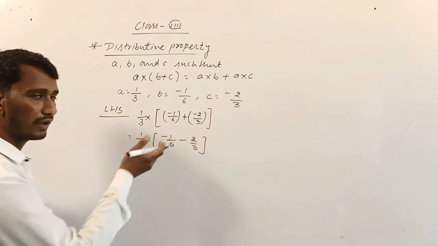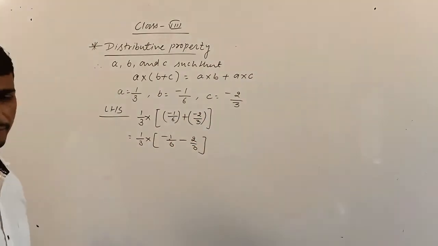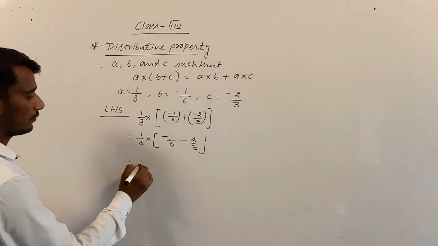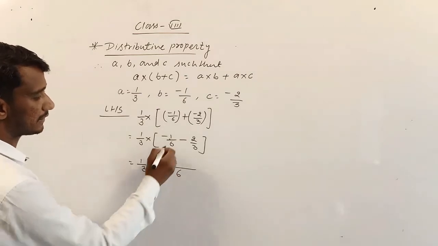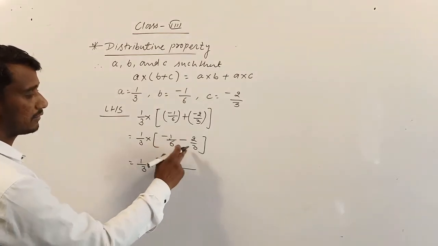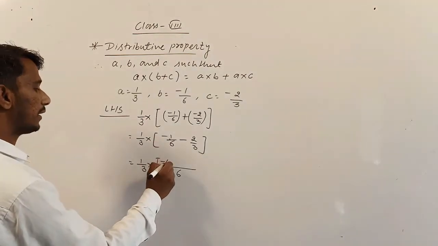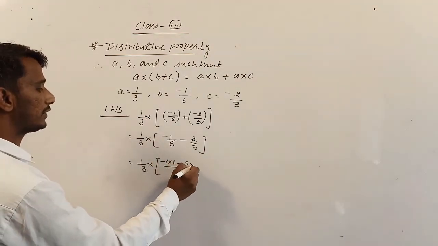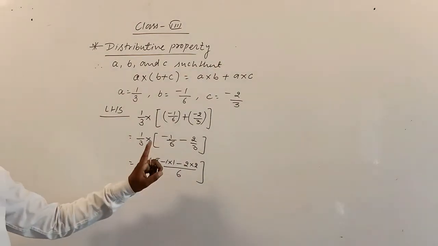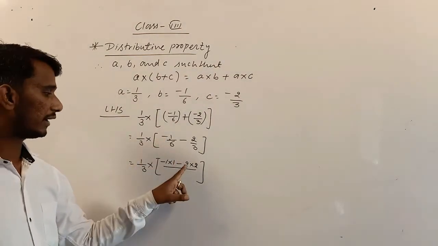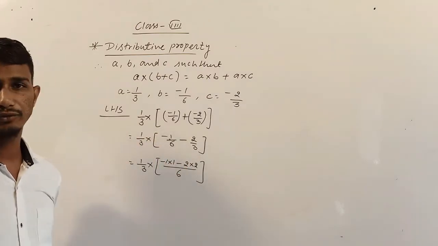Plus into minus is minus. Now take the LCM of 6 and 3, which is 6. Minus 1 into 1, minus 2 into 2. Because 6 divided by 6 is one time, the numerator is multiplied by 1, and 6 divided by 3 is two times, so the numerator is multiplied by 2.